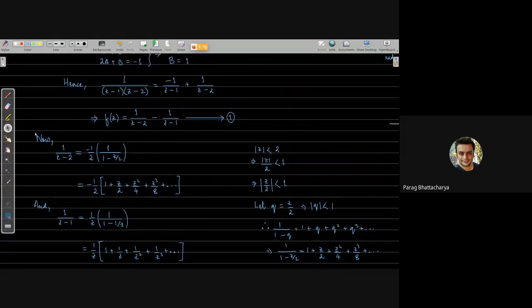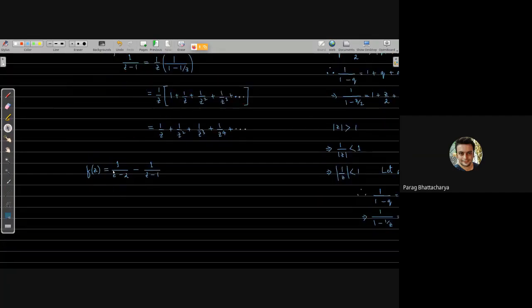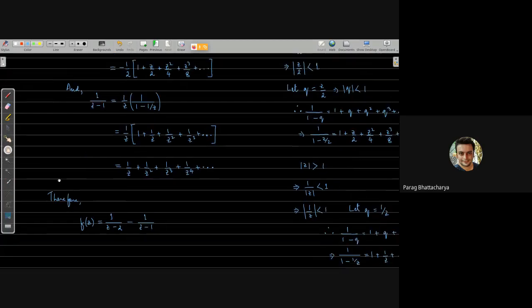So therefore this function, the original function f of z, was this. Therefore, the original function being this, we are now in a position to just substitute. So we have 1 by z minus 1, which is this.